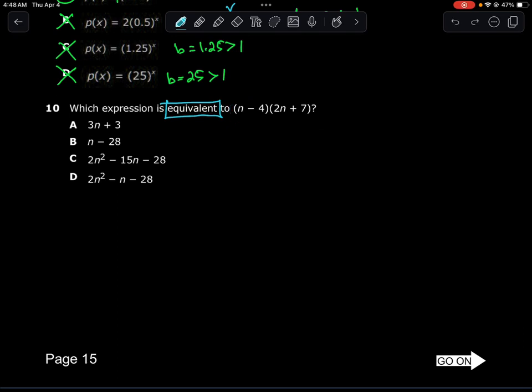Let's do that. Here I'm going to have some surprises when it comes to utilizing the graphing calculator. It's n minus 4 and 2n plus 7, and I'm going to start with the options one by one. Let me write those down so I don't have to go back and forth.